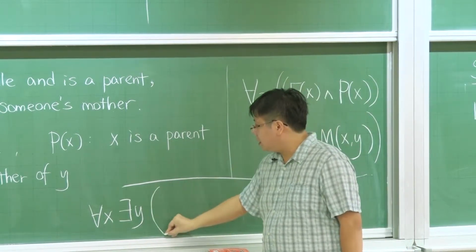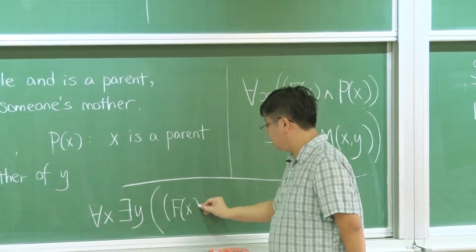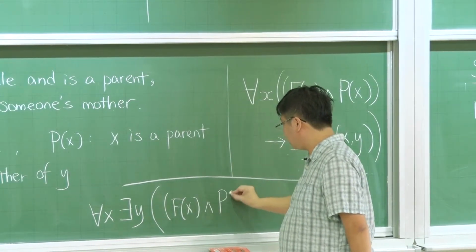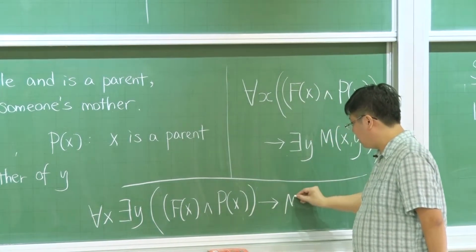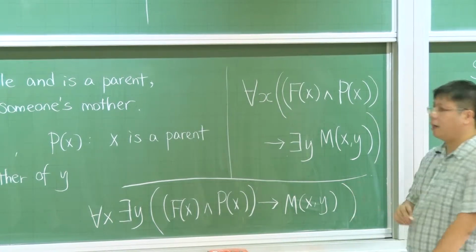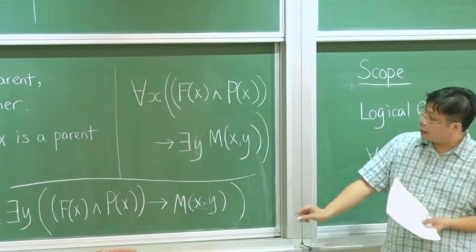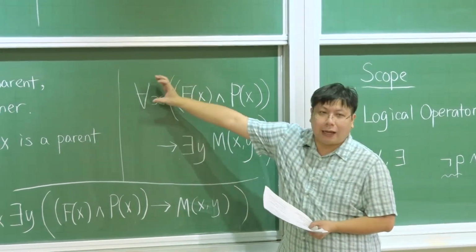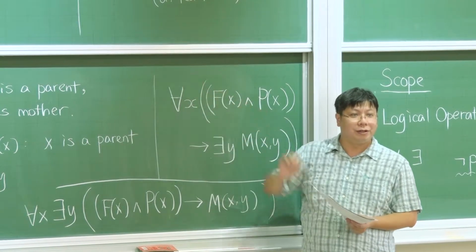And then in that case, you can make it like Fx and Px implies Mxy. Is that okay? And then they are equivalent. As long as when you move this y, you don't go over the for all, then this will be okay.